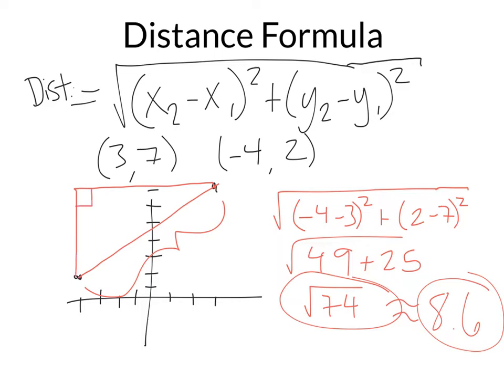Now this horizontal distance is 7. This vertical distance is 5. 5 squared plus 7 squared, 25 and 49, got those bad boys right there. And then square root of that. So really we just did Pythagorean theorem.